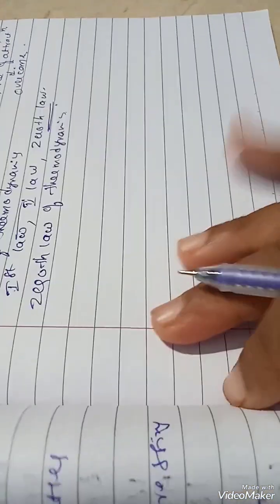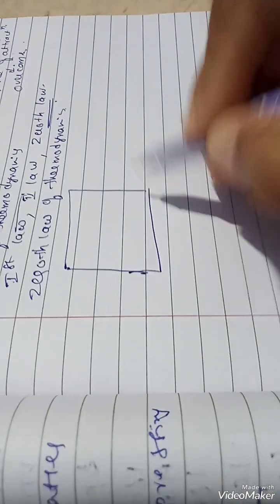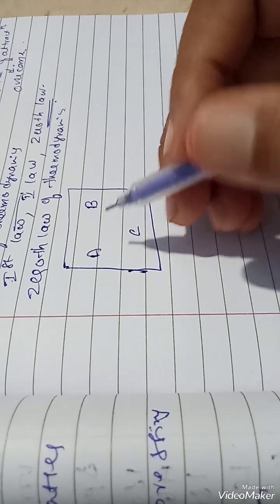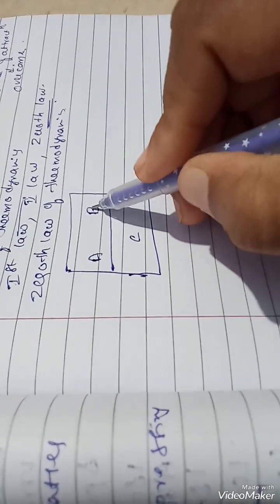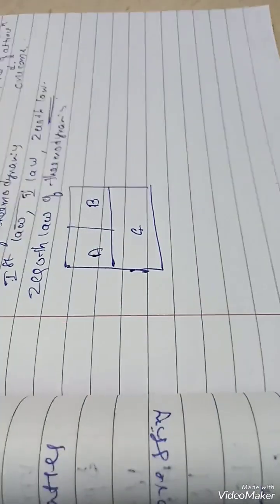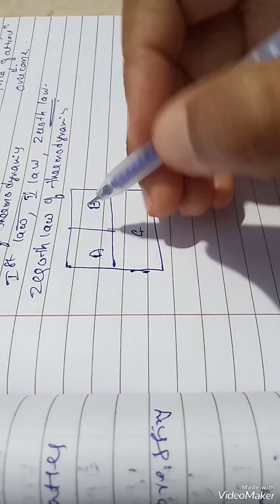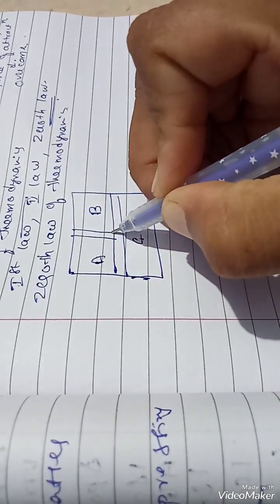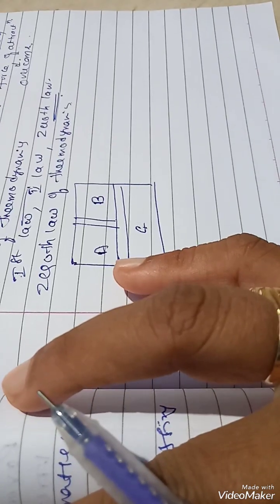Now here I took 3 different systems, A, B, C. Right? Now I separated AB from C, and at the same time A and B also.